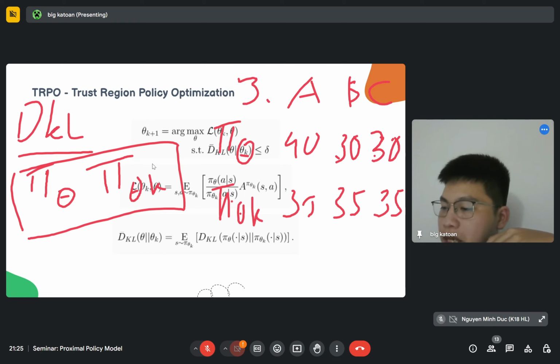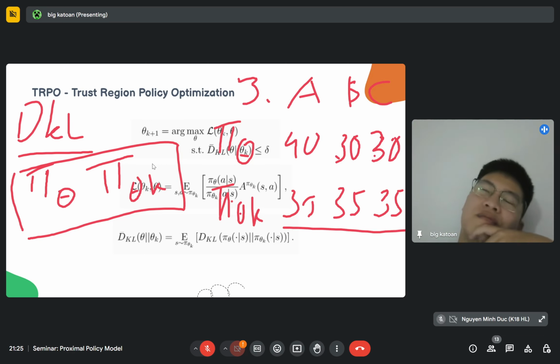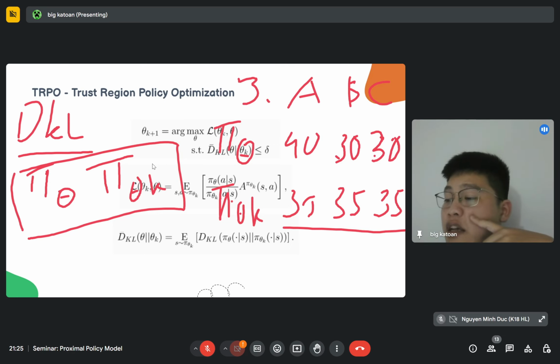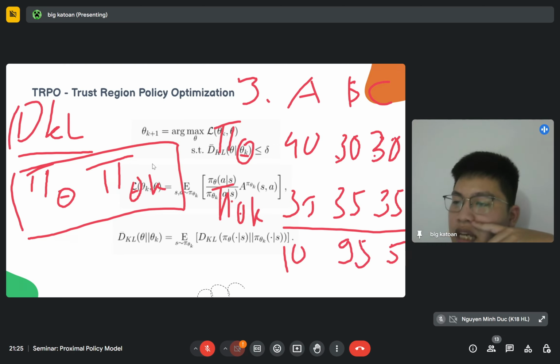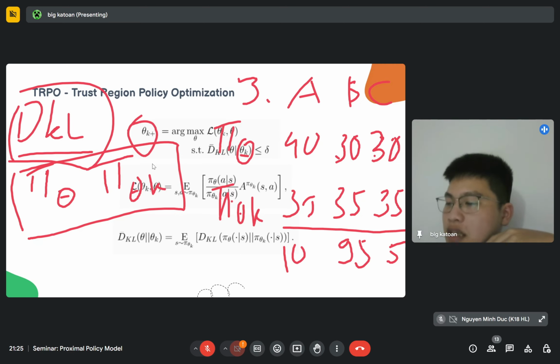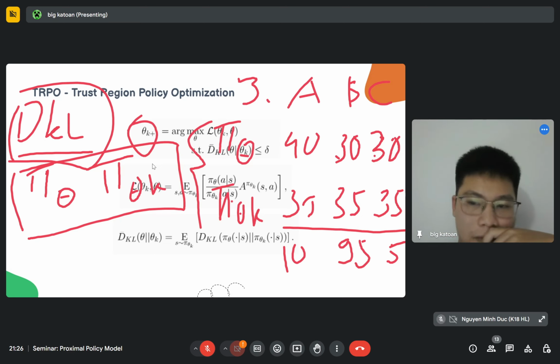But if pi theta k has a different distribution, like 10, 95, and 5%, the DKL constraint stops the update of theta k plus 1 to reduce the differentiation between pi theta and pi theta k.